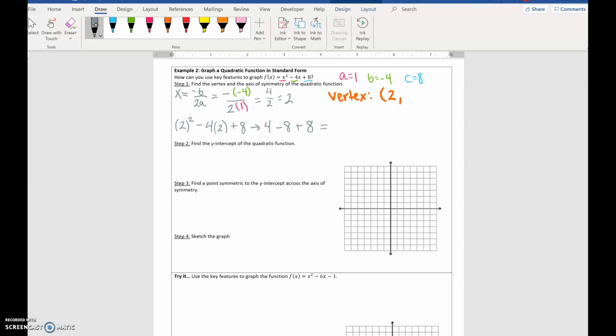And then that would equal 4. So this gave us this part, and then this is giving us this next part here.